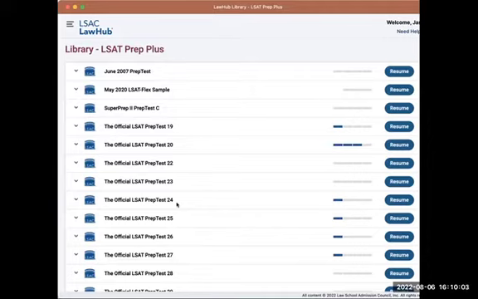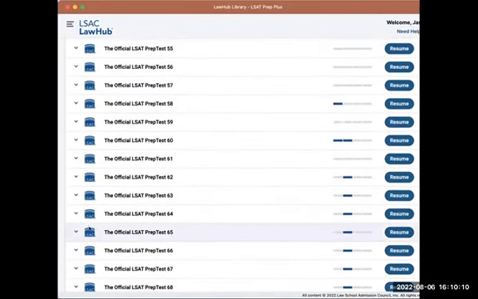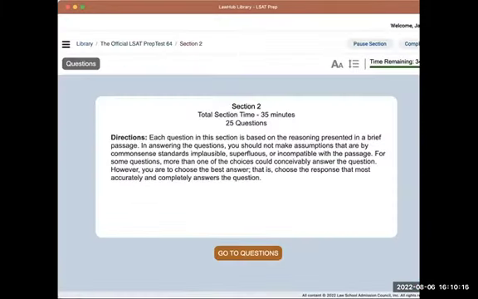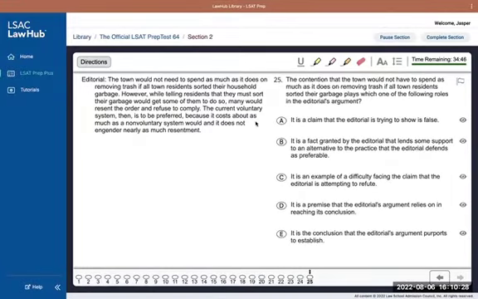All right, so if I can get my cursor back, let's go to prep test 64. Going to section 2 and question 25. So this one is asking for the role played by a contention.